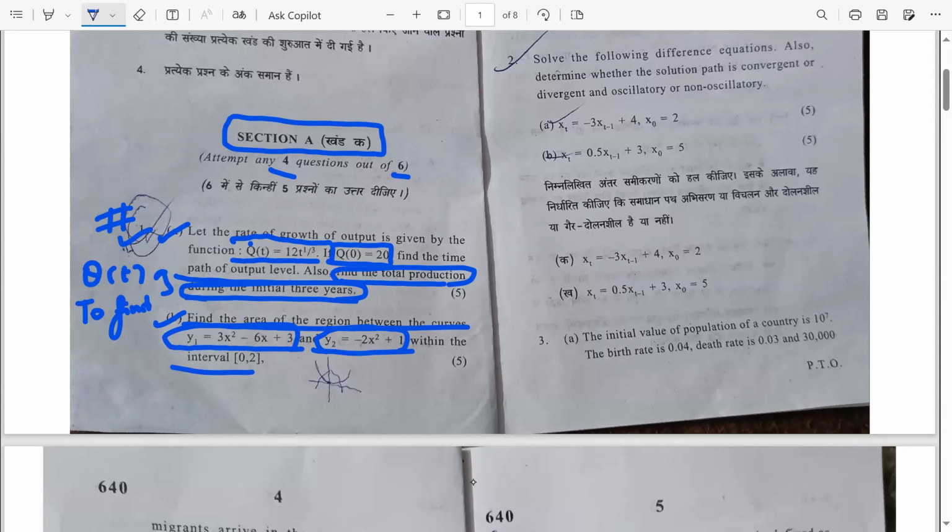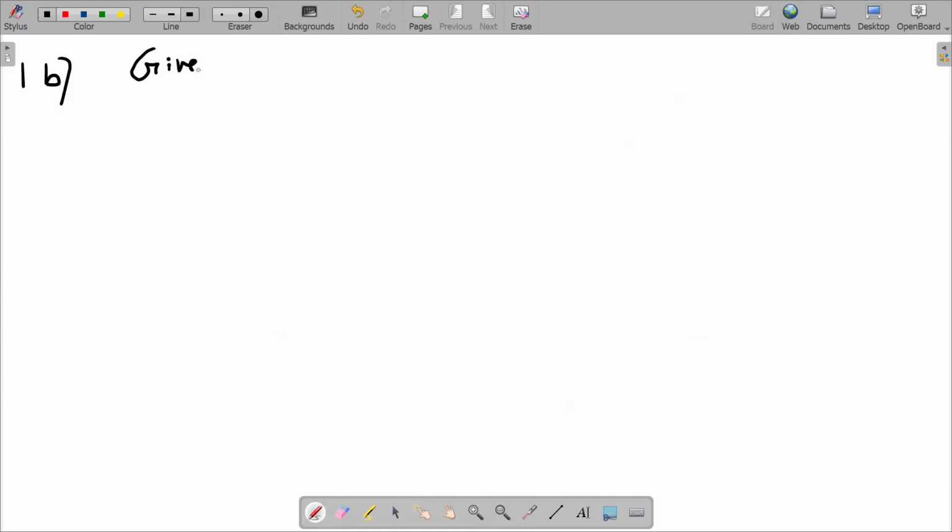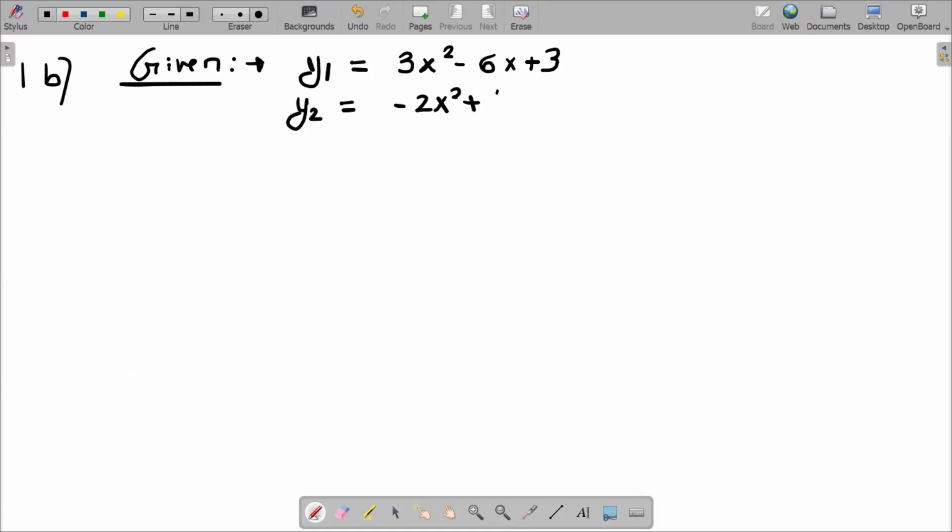Okay, so let me quickly come to the whiteboard and let's quickly solve this particular problem. Question 1, part B, we are given y1 is equal to 3x square minus 6x plus 3. y2 is equal to minus 2x square plus 1.